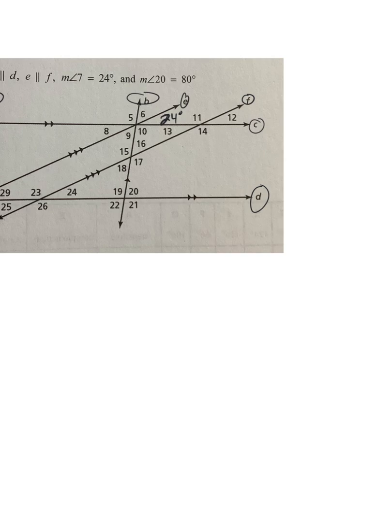All right? The measure of angle 20 is 80 degrees. Okay? So it wants you to find the measure of all the angles. All right, so pick one. Raise your hand, pick one, and tell me why it is. Start with the easiest ones.